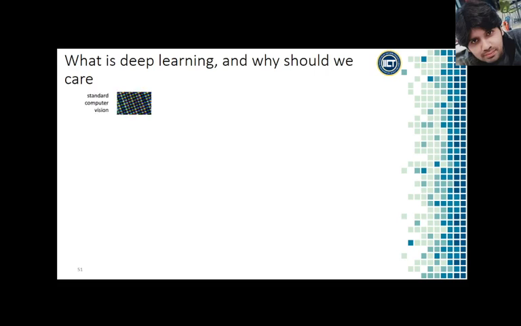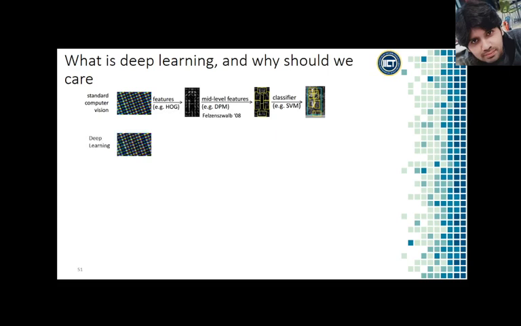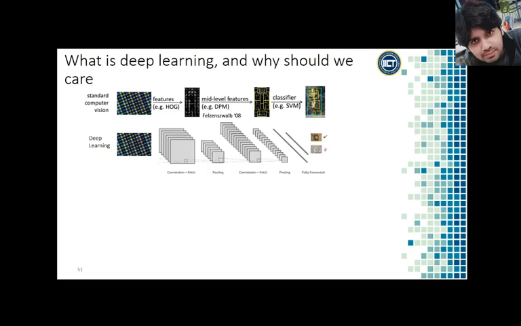For standard computer vision systems, we get an image, we extract features, let's say HOG, we extract mid-level features, and then we apply classifiers such as support vector machines or any other. Now for deep learning, we get an input image and the whole process is embedded in end-to-end training. It will automatically extract the features, mid-level features, and then learn to classify different examples.